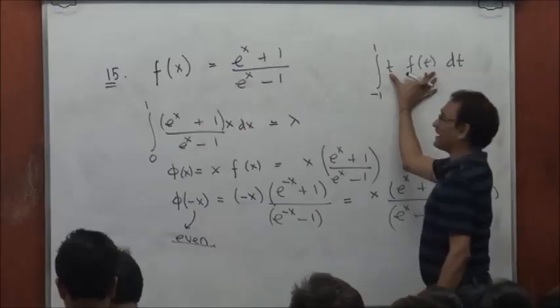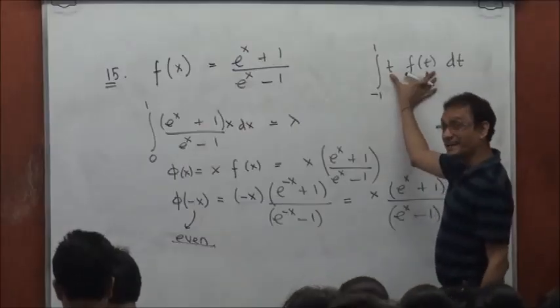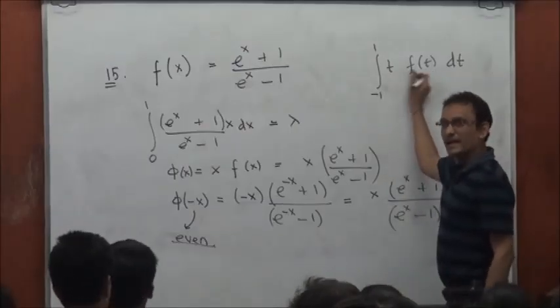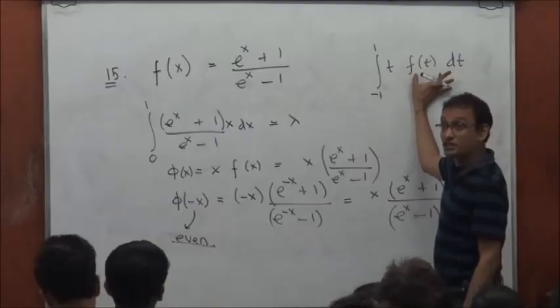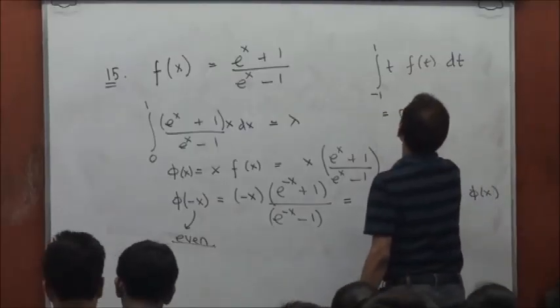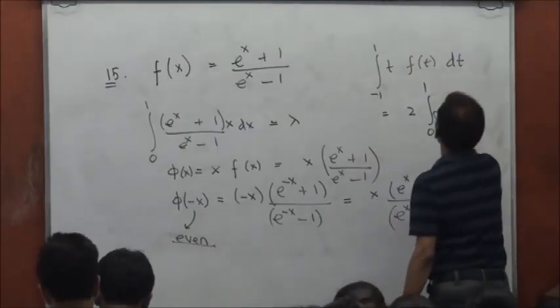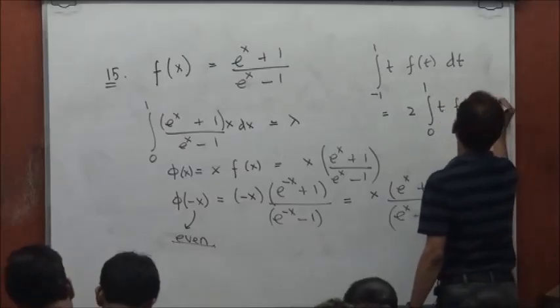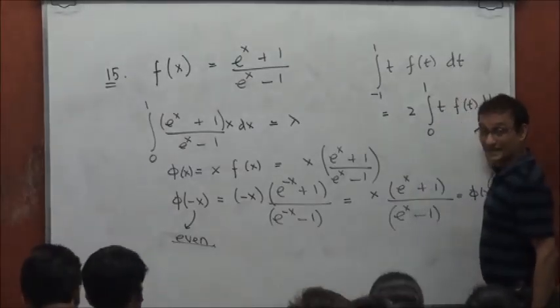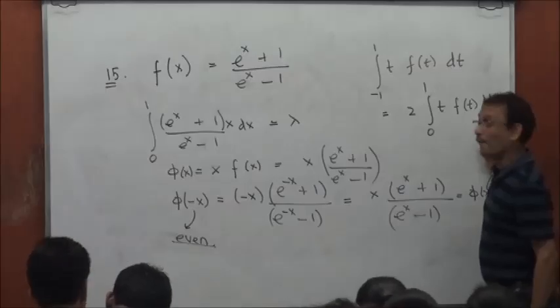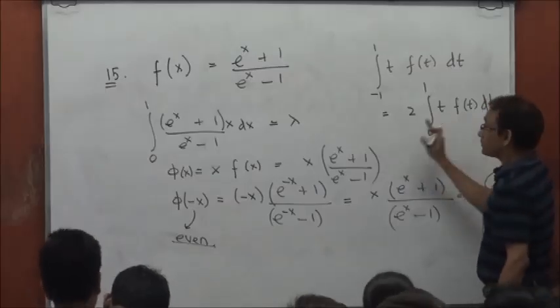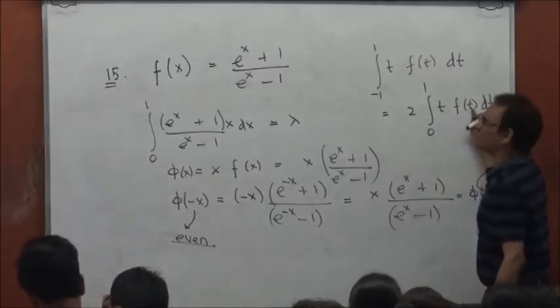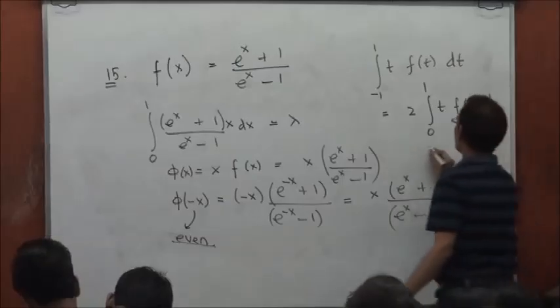So this is like f of t. It's an even function. So do you realize that this must be twice 0 to 1 t f of t dt, yes or no? But t f of t dt or x f of x dx is going to be the same, right?